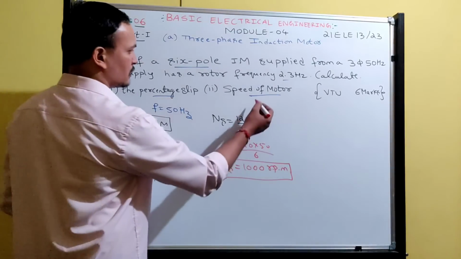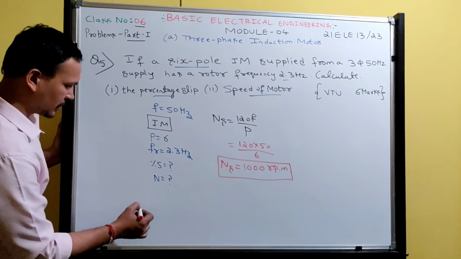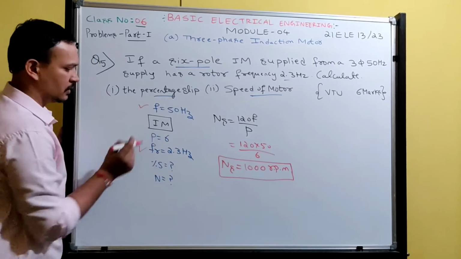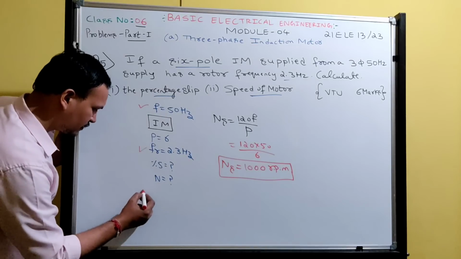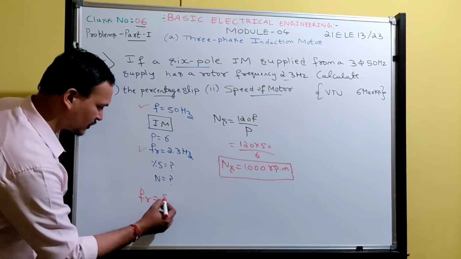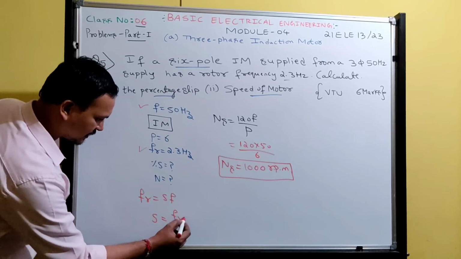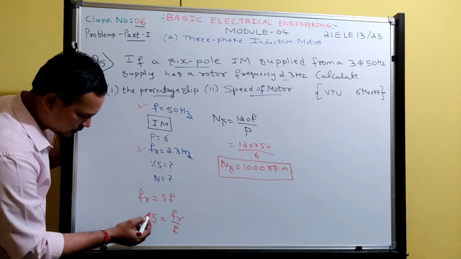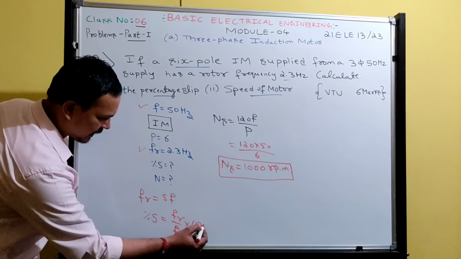So next is to calculate percentage slip. See, they gave data Fr and F. If I know these two data, I can easily find slip. So we know that Fr is equal to sF. Then S is equal to Fr by F. They are asking percentage slip, so you can write percentage slip is equal to Fr by F multiplied by 100.